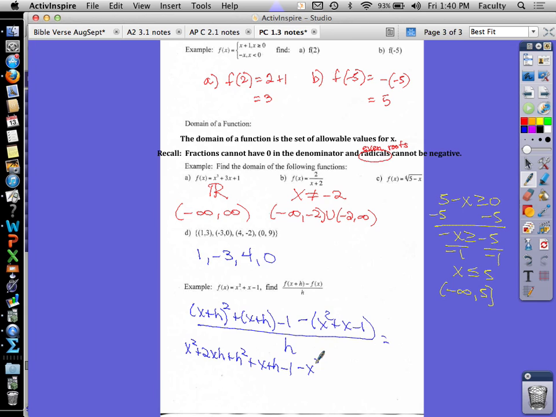Now I'm going to distribute the minus sign. Okay, so now look, the x squared cancels, my 1 cancels, my x cancels, and I'm left with 2xh plus h squared plus h.